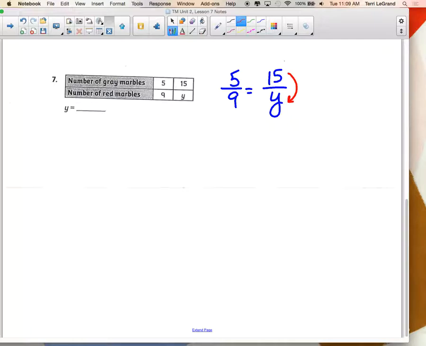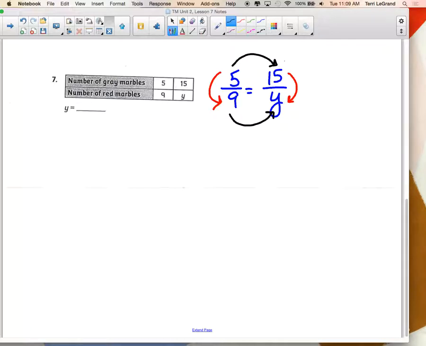So if I draw from 15 to y, then I go from 5 to 9. Vertical strategy friendly in this one? No. Then what would the horizontal arrow be? From 9 to y, which means we would go from 5 to 15. Is that friendly? Yes. Oh, thank goodness.